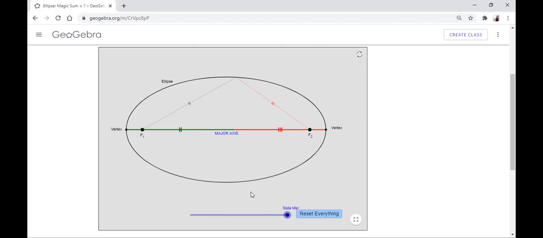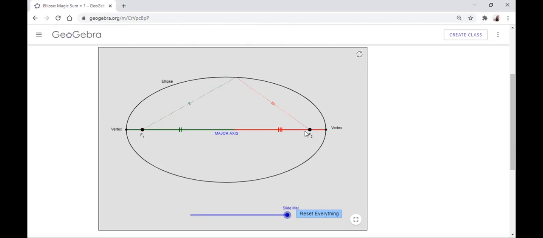So what is happening here? PF1 plus PF2 is equal to what? The line segment with endpoints where it is written vertex. This is one vertex, this is another vertex.